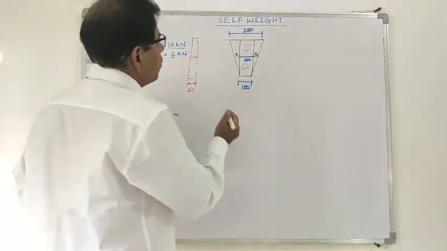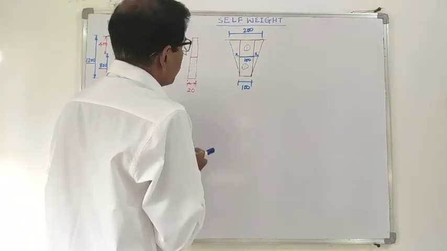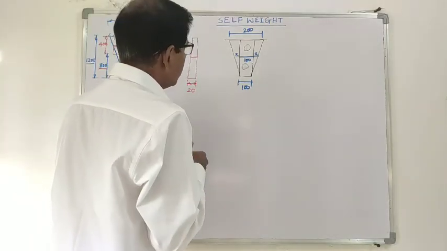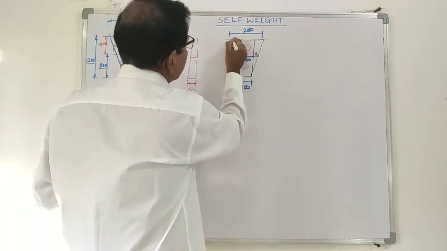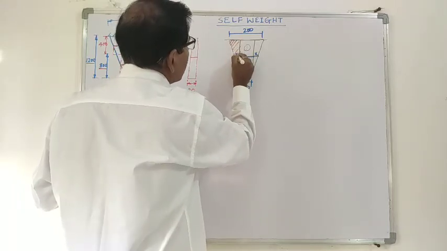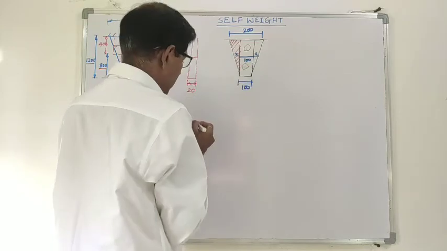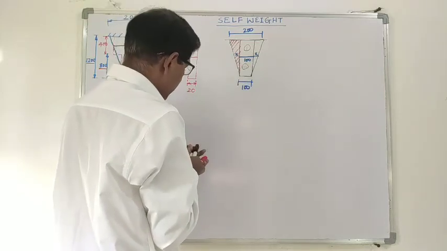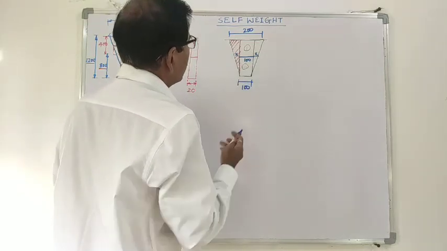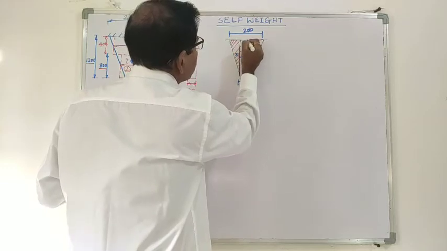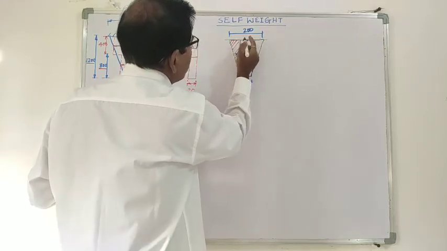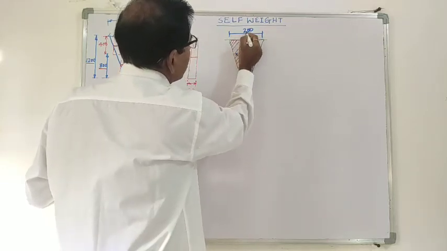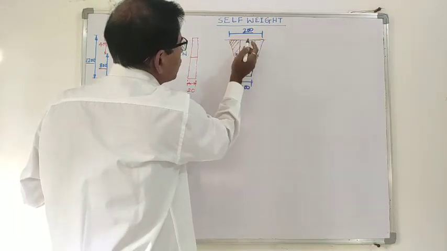Now see this triangle. So in this triangle, again one thing is that this total is 100 mm, and this total side is 200 mm.